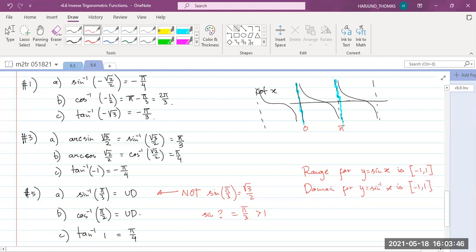In other words, you can only plug in a number between -1 and 1 for sine inverse in the argument. Likewise for cosine. Now, tangent, however, has the range of all real numbers. Therefore, the domain of the inverse tangent is also all real numbers.